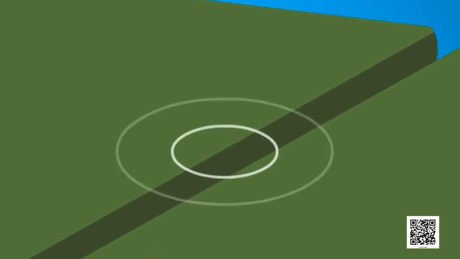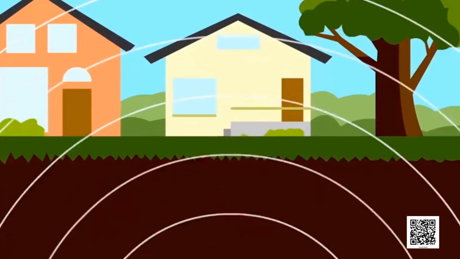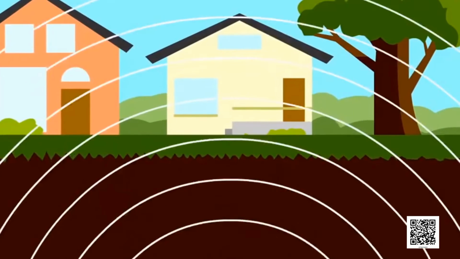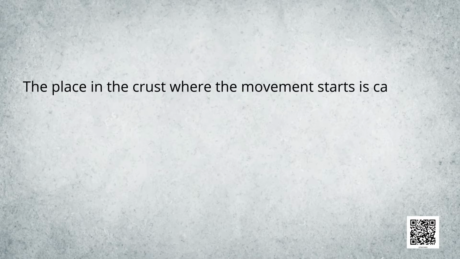Similarly, when the lithospheric plates move, the surface of the Earth vibrates. The vibrations can travel all around the Earth. These vibrations are called earthquakes. The place in the crust where the movement starts is called the focus.